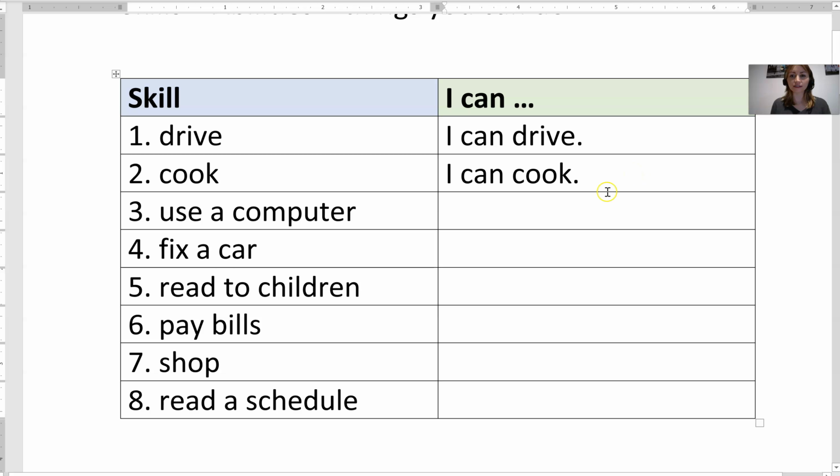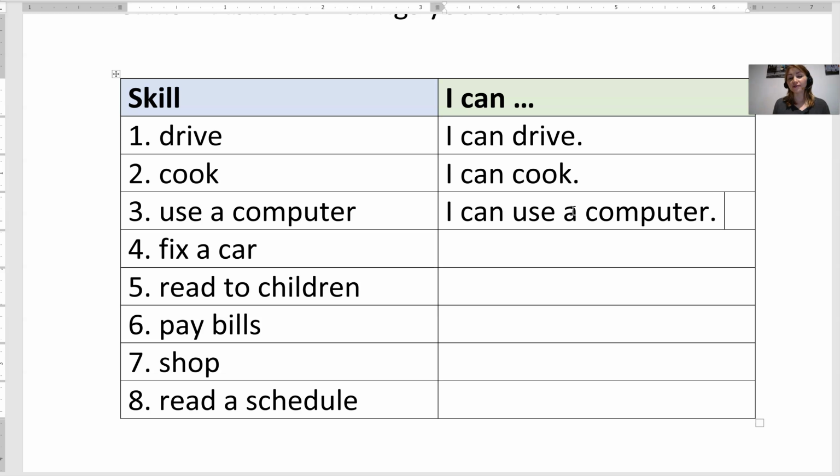I can cook a little, not too much, but yes, I can. Number 3, use a computer. Yes, I can use a computer. I'm using one right now. Number 4, fix a car. No, I cannot. So I can't fix a car. That's for me. I can't or I cannot fix a car.